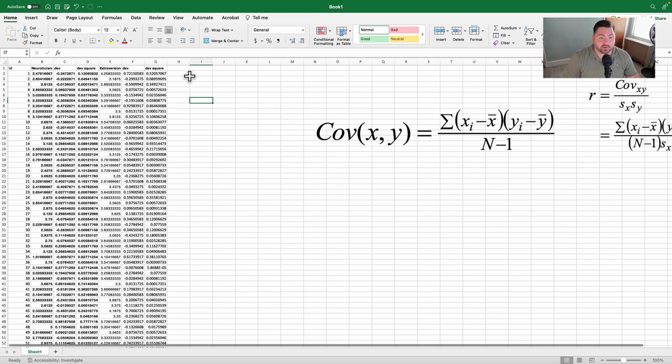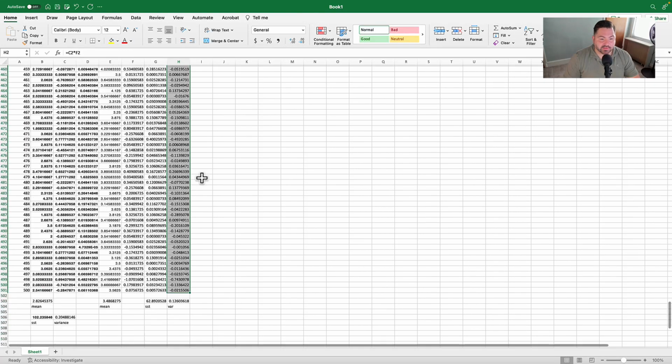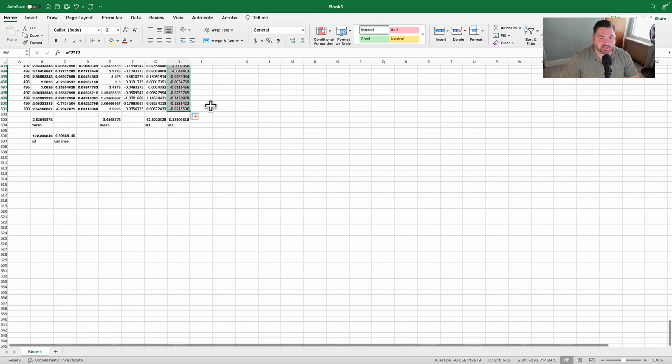So to do that, we're going to create a column known as cross products, and we're going to take the deviance for X, in this case C2, and multiply it by F2, which is the deviance for Y. If we figure out the cross products, or how much X and Y overlap for each person, we can run the column down and take the sum of that, which gives us our numerator.